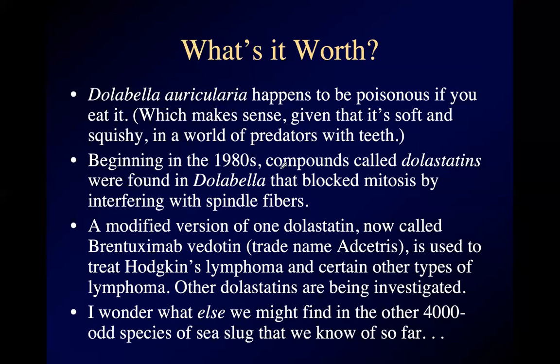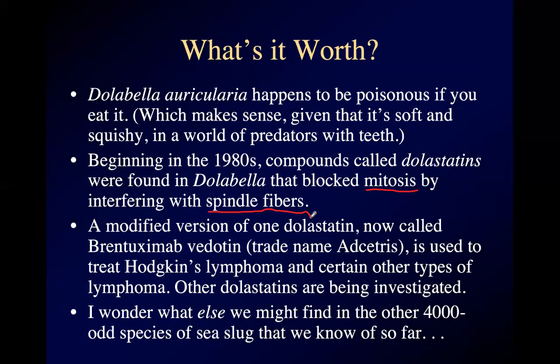So in the 1980s, someone looked at the toxins in Dolabella auricularia and found compounds called dolastatins. And dolastatins block mitosis. You might remember that because they interfere with these spindle fibers, which is another thing you should remember. Those are the fibers that drag the chromosomes around.